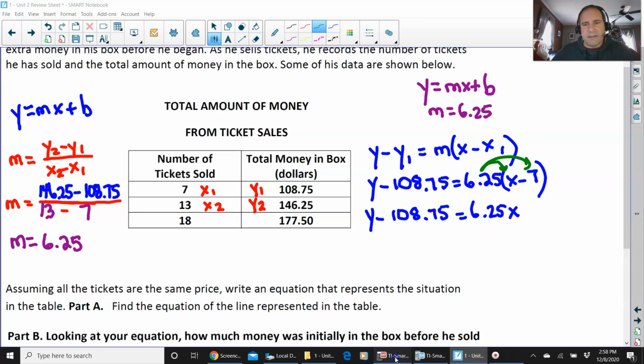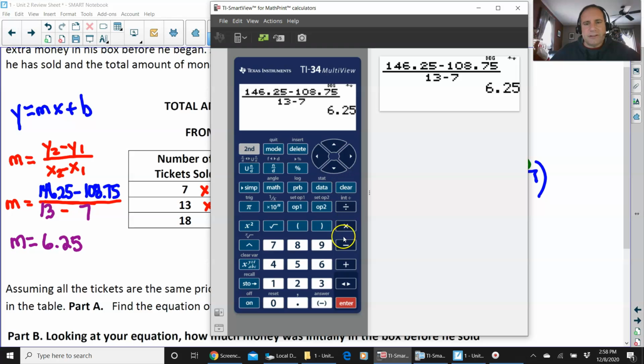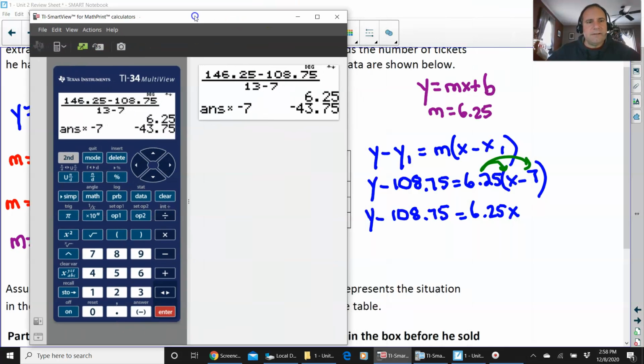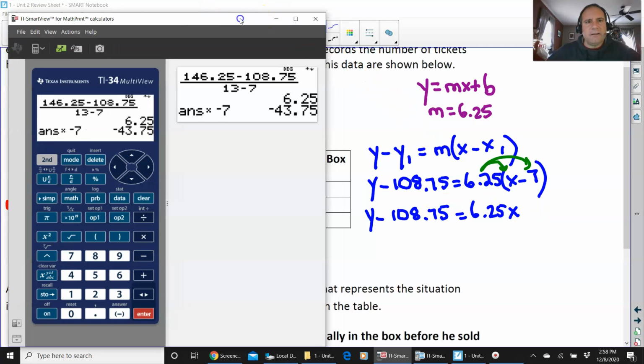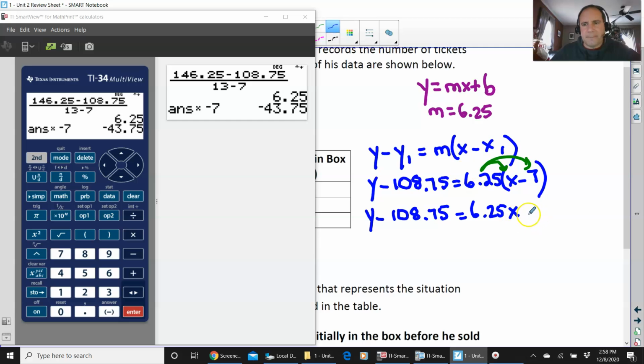I'm going to grab the calculator up. 6.25 times -7. So that is -43.75. I'm going to keep that calculator up because I'm going to add 108.75. I'm solving for y. Once I solve for y, I am finished.